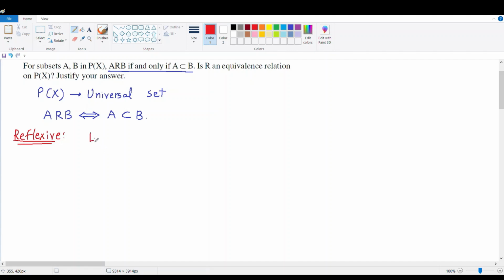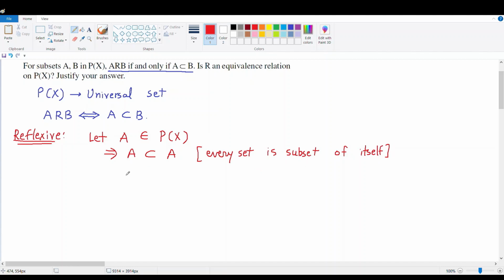Now let A belong to our universal set P of X. Now A related to B if and only if A is a subset of B. But we are picking A right now. So that means, is A a subset of A? Of course, every set is a subset of itself, right? So every set is a subset of itself.